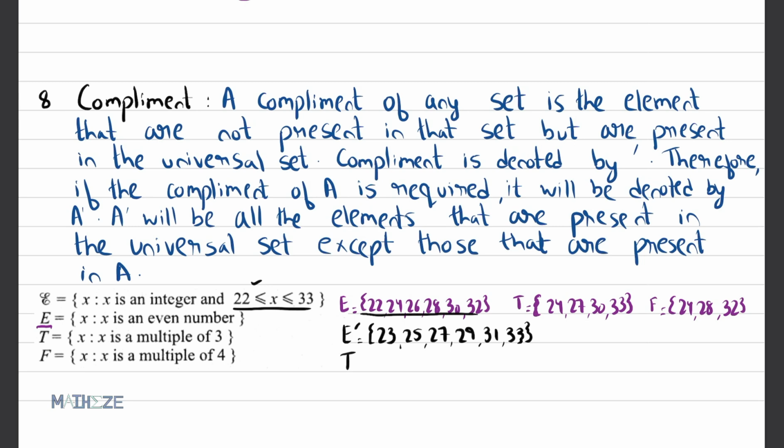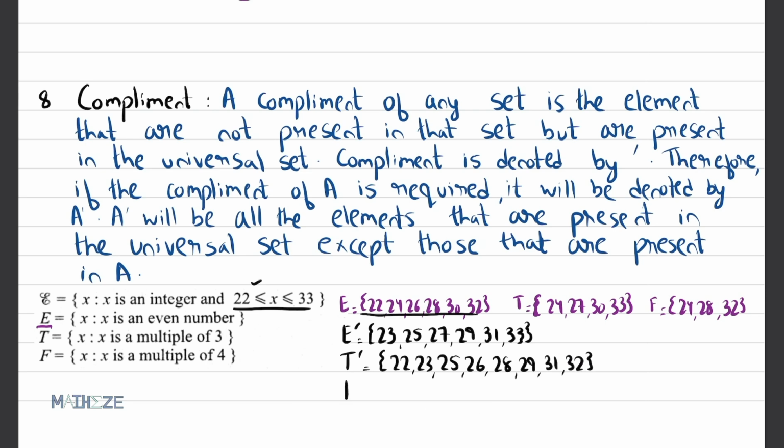What will go in T complement? The elements that are not in T but present in the universal set, those will be 22, 23, 25, 26, 28, 29, 31, 32.